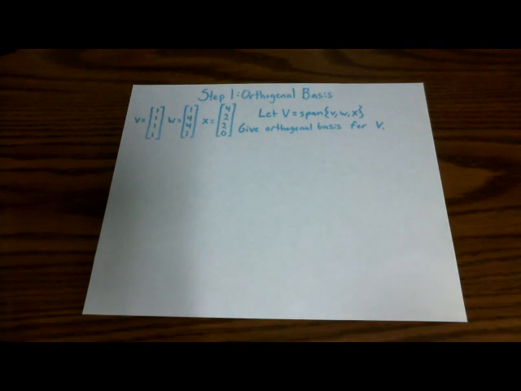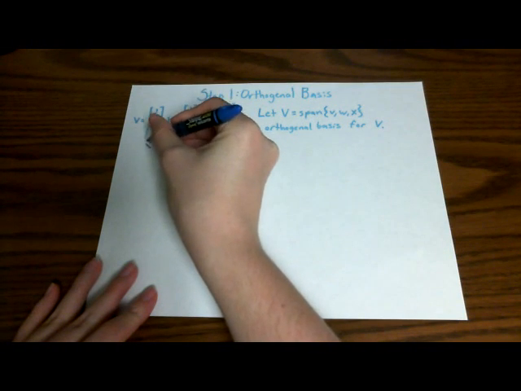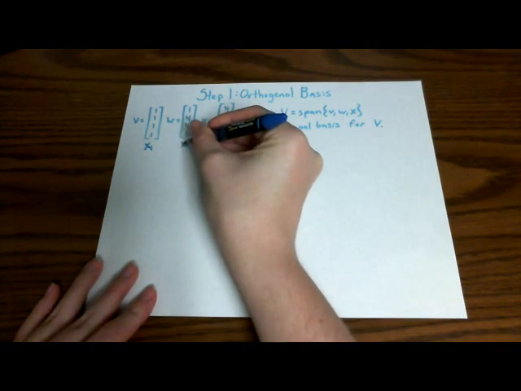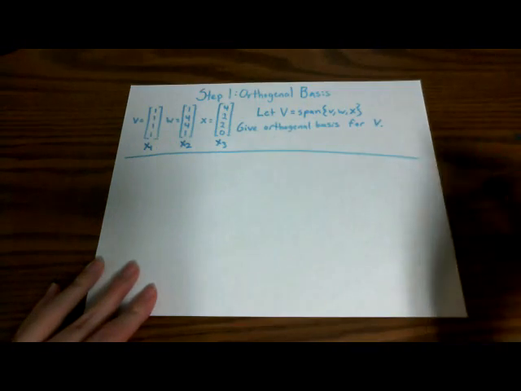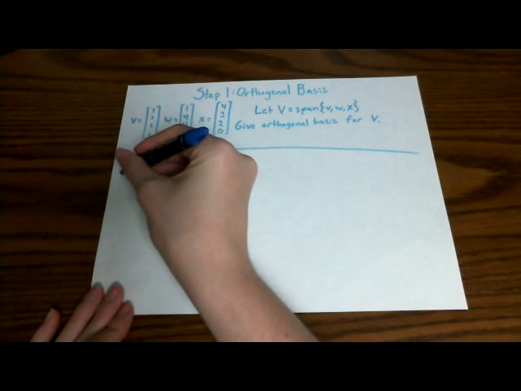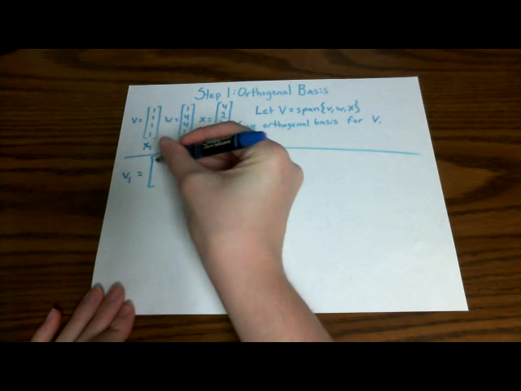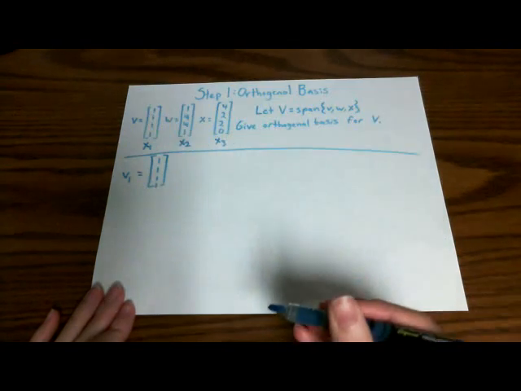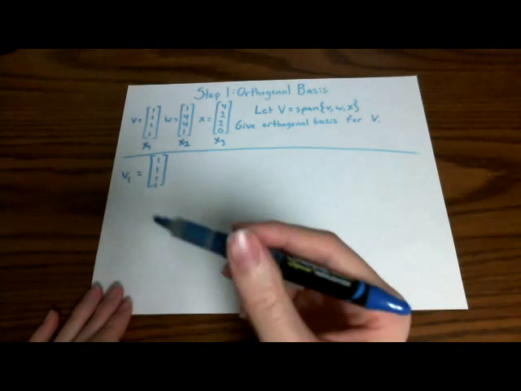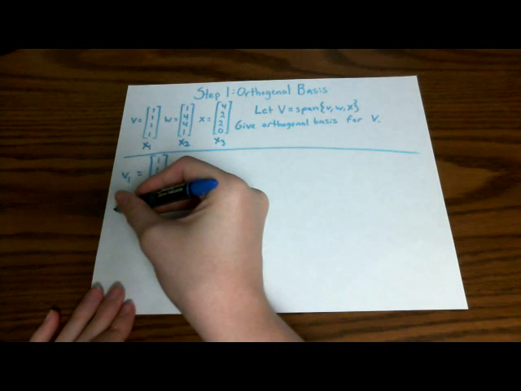So the first thing that you should do is label these vectors x1, x2, and x3 so that you do not confuse them with V1, V2, and V3 as we are about to calculate. V1 is actually just x1, just on its own, nothing special done to it. However, we will be using V1 later to get V2 and V3.